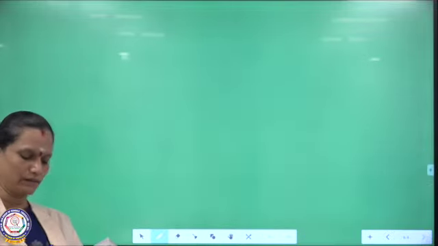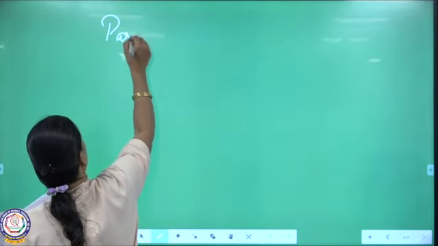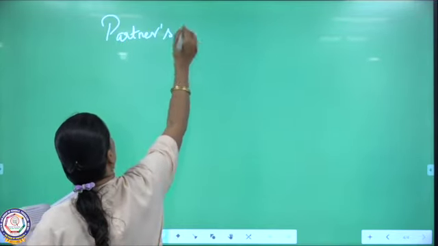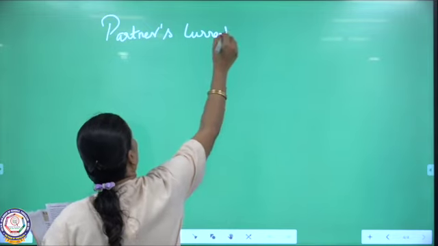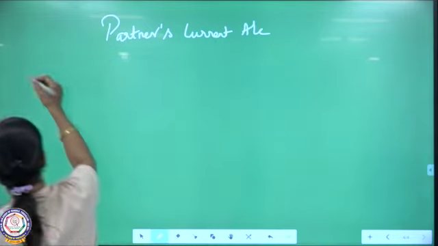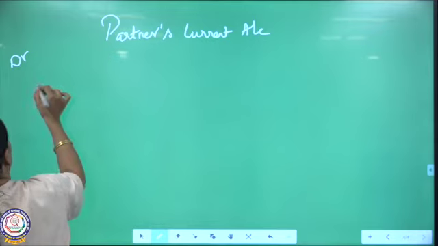Now we are going to calculate the partners' current account. Same way we have to write. Okay, this is debit side.